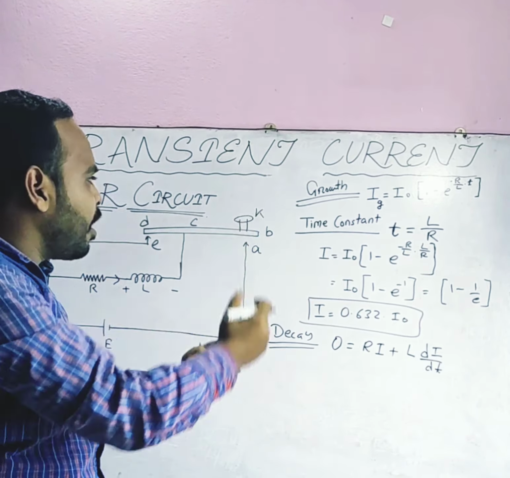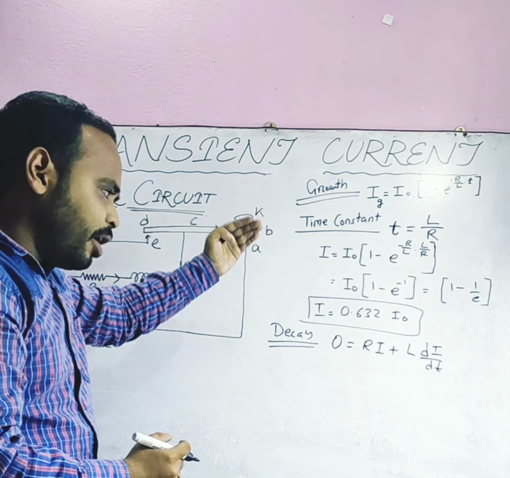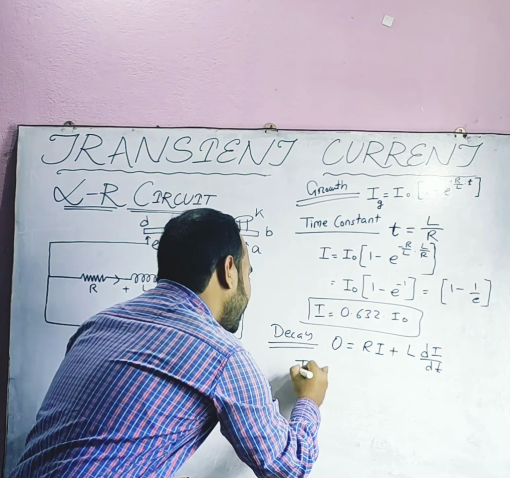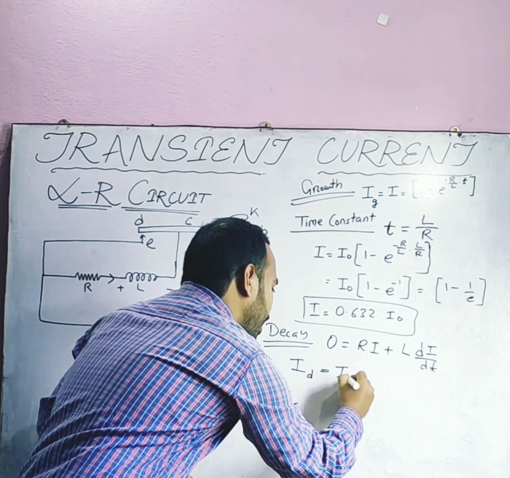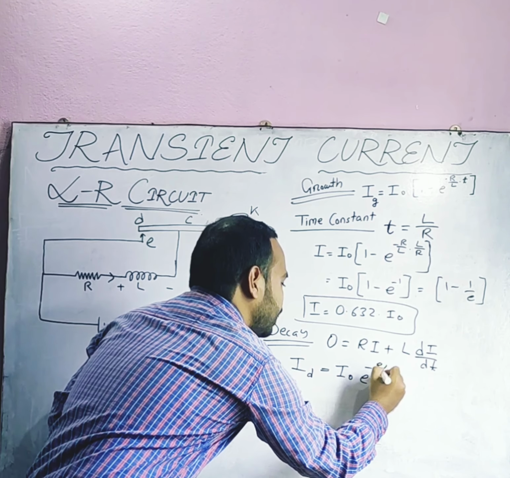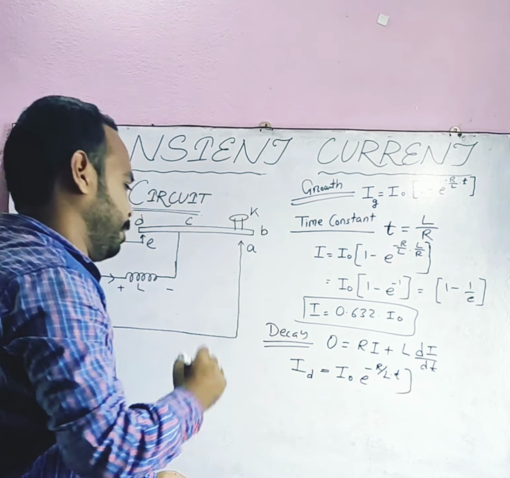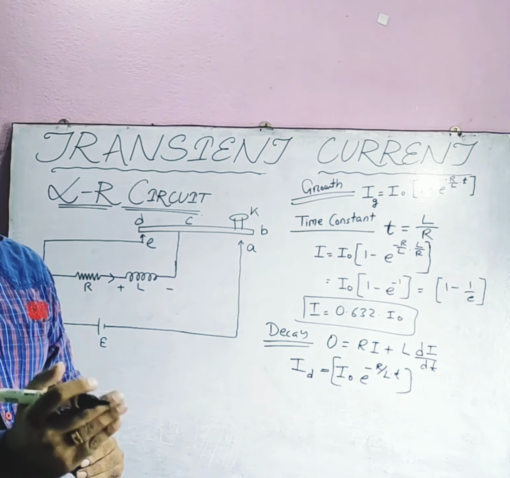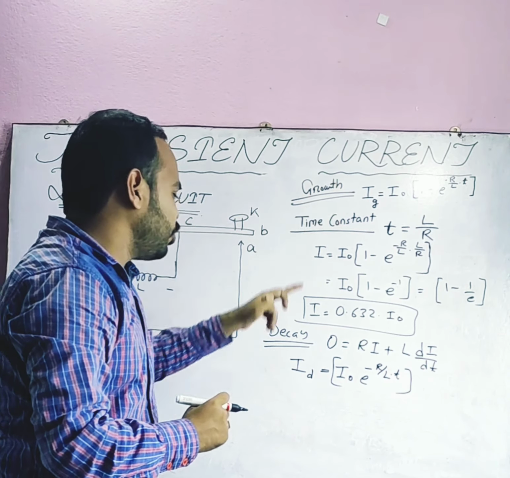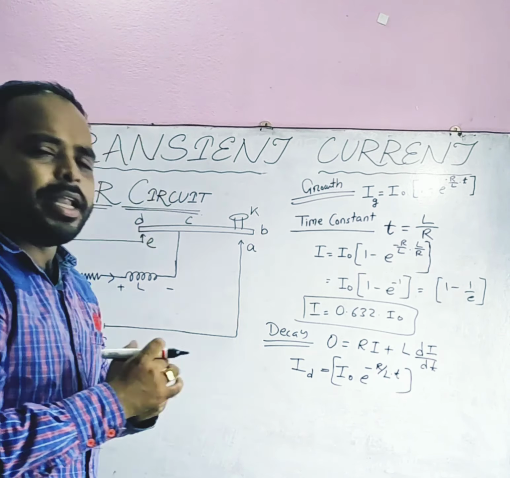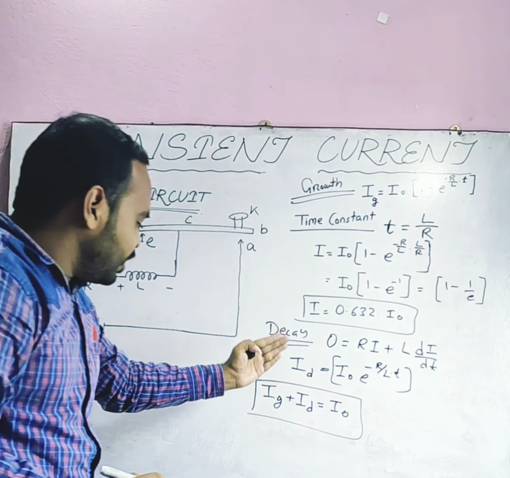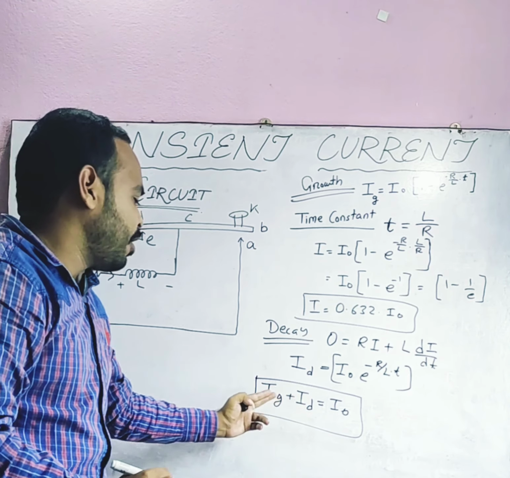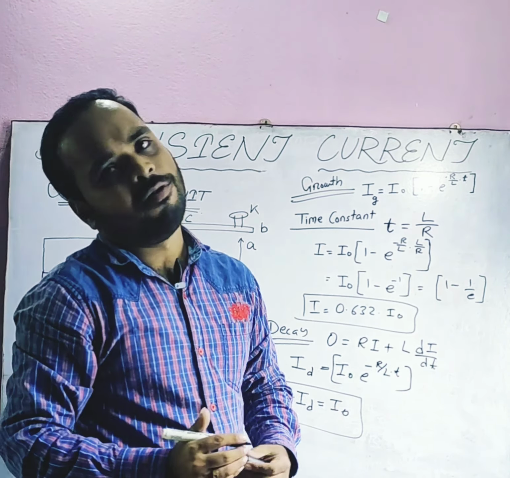As we proceeded earlier in our growth process, by continuing in the same way, we get the instantaneous decay current, that is i equals I0 e to the power minus R by L into t. And if we add up the instantaneous growth and instantaneous decay currents, Ig plus Id will be equal to I0. So the instantaneous growth and decay currents when added up give the value of maximum current.